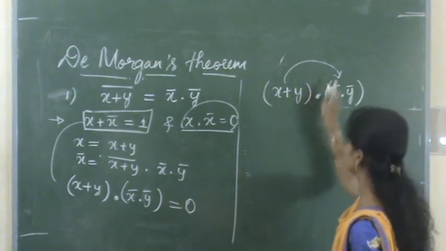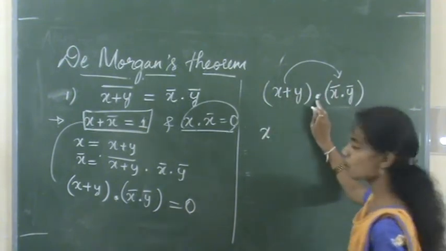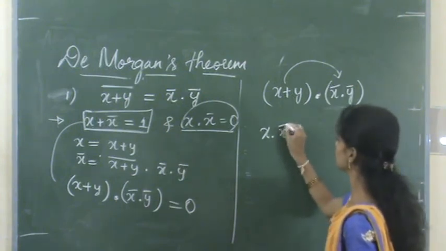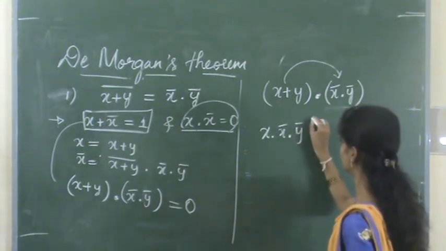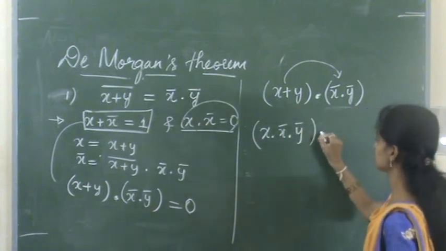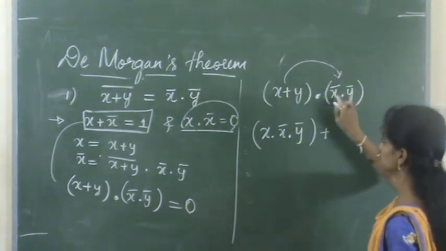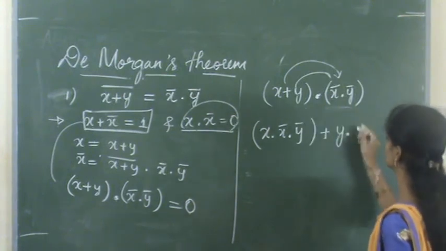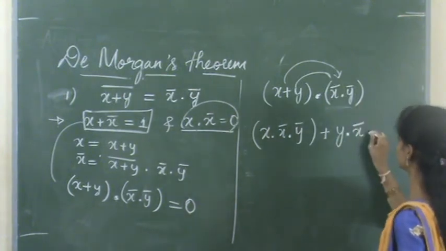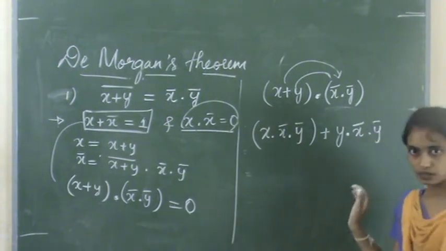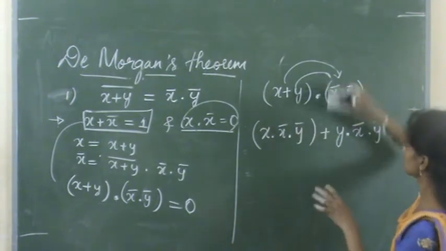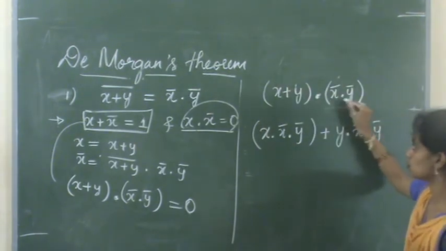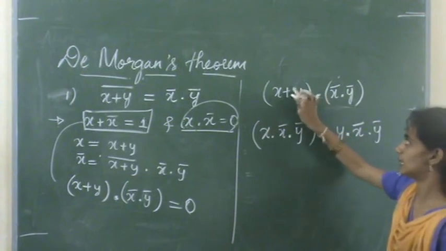Okay, so now multiply this x, we have AND operation, then x bar and y bar, then plus y into this, y into x bar into y bar. Okay, so from x these two, from y these two I am multiplying.